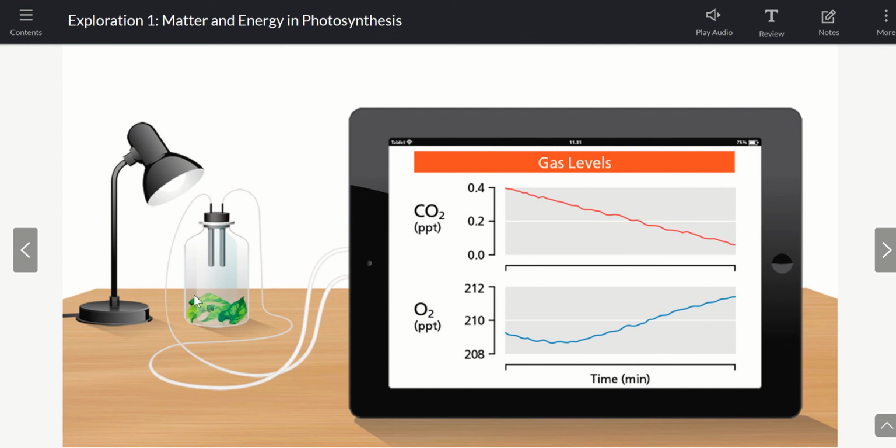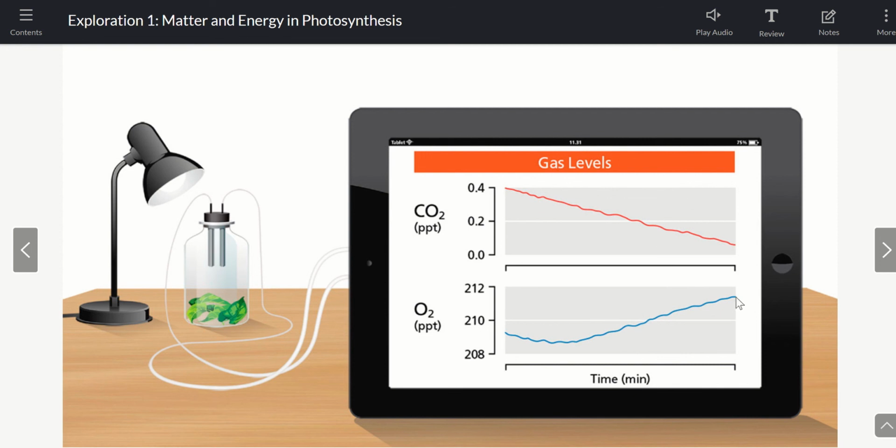As the plant gets sunlight and takes in carbon dioxide and water, it goes through photosynthesis. So the carbon dioxide in this jar is going to start to go down because the plant is using it, and the oxygen is going to start to rise because the plant produces oxygen as a byproduct. It's what we call gas exchange.